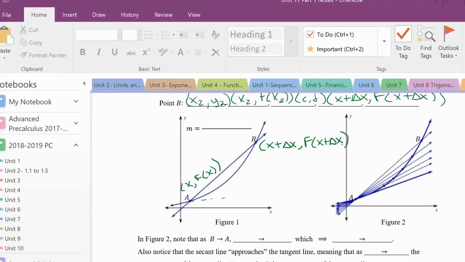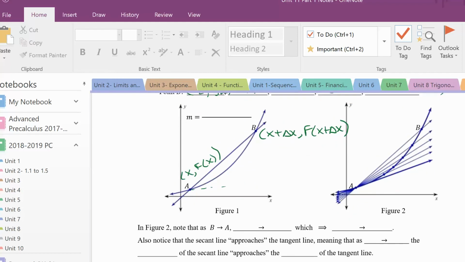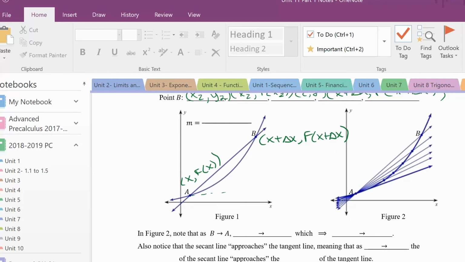All right, so if you look at figure 2, as point B approaches point A, notice that the change in x plus x is going to get closer to just x, right? As it approaches here, the change in x is going to get closer to x.